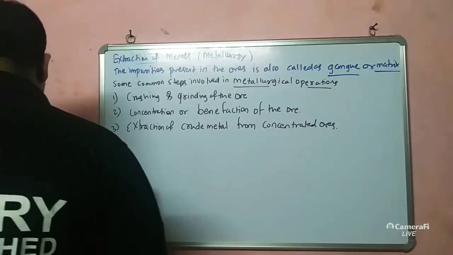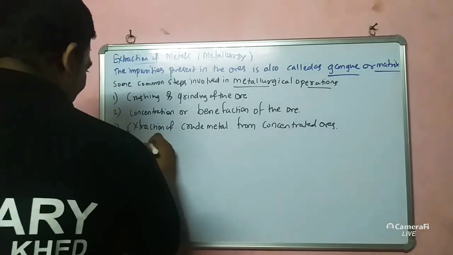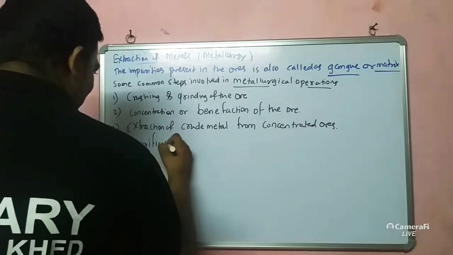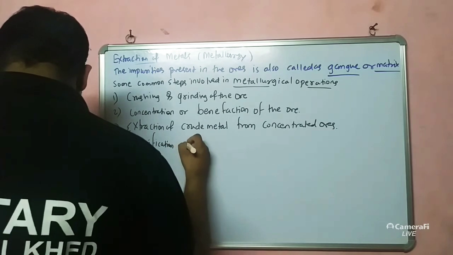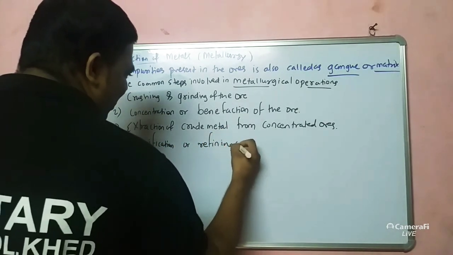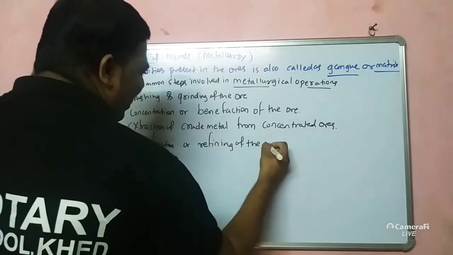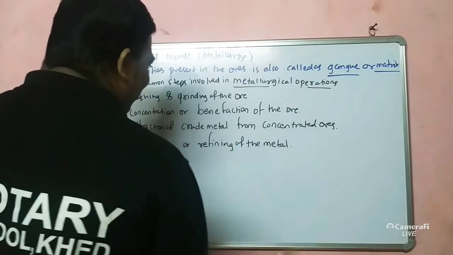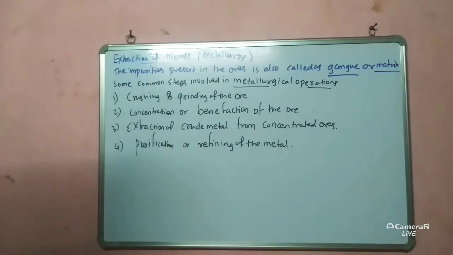And fourth, purification or refining of the metal. Okay, so this fourth step we have to see in the whole topic. Okay, so pay attention on this page. In the whole topic we have to discuss these four.